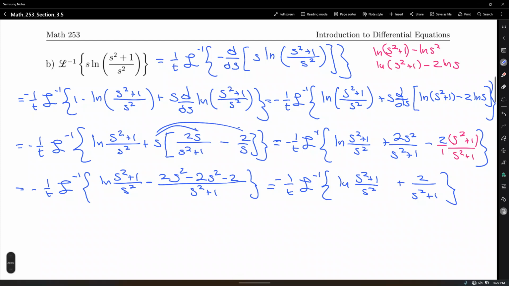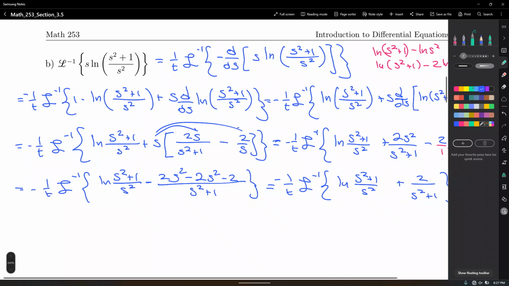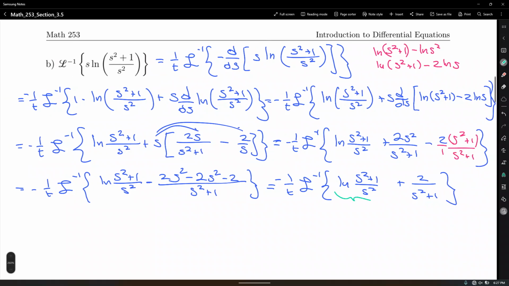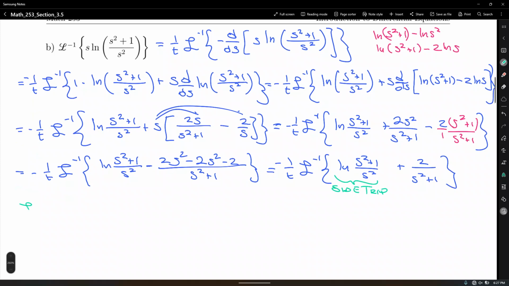I'm going to take a side trip just to deal with that one. Let me change color for such a side trip. So I'm going to do the inverse transform with a different color of ln of (s squared plus 1) over s squared.